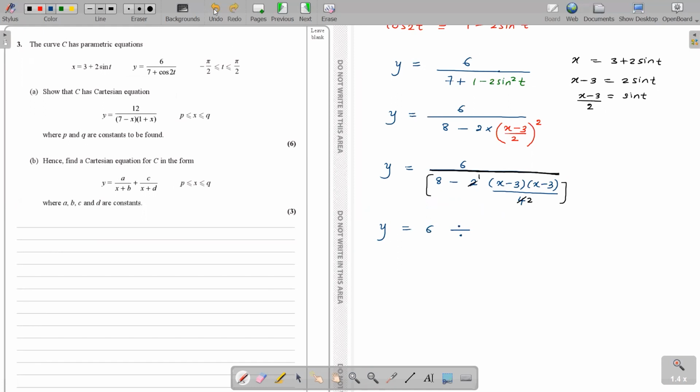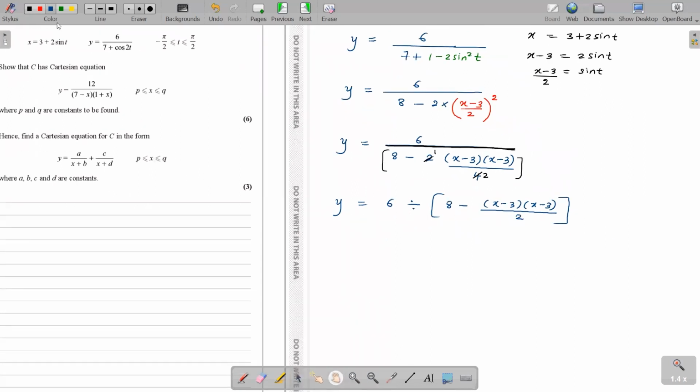No, we'll write it as division. 6 divided by 8 minus x minus 3 into x minus 3 squared over 2. So I'm going to leave it first. I'm not going to change division to multiplication. First, I want to fix this particular fraction here. Let's fix it first.